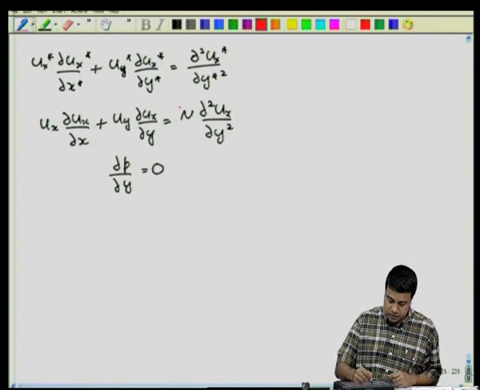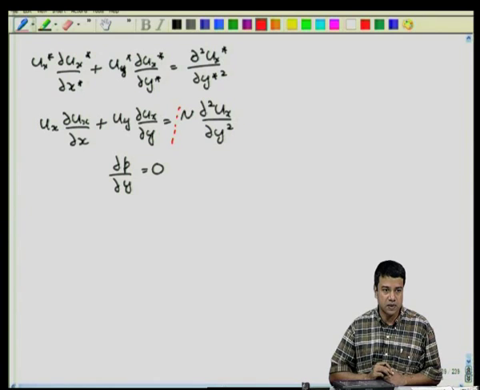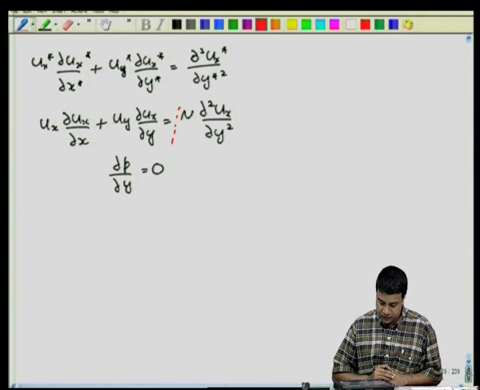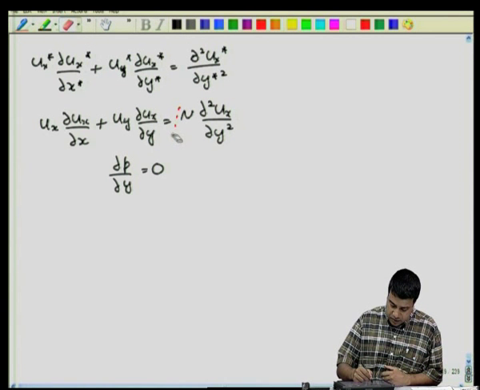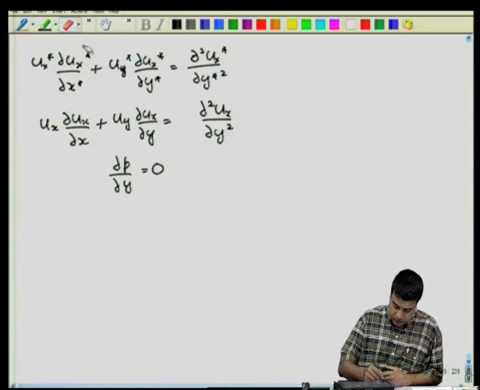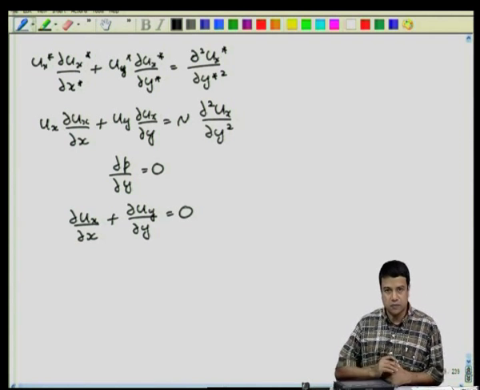The pressure gradient that was supposed to be there in the streamwise momentum conservation equation could be neglected because partial p by partial y is equal to 0 and the pressure goes to a constant in the outer flow. And then of course, I have to satisfy the mass conservation equation. That is partial u x by partial x plus partial u y by partial y is equal to 0.